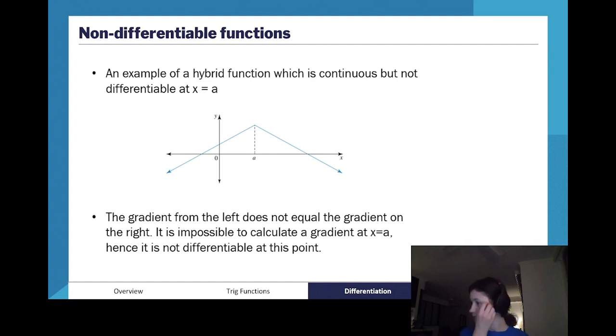We have two different functions: the linear function on the left and the linear function on the right. So the gradient from the left does not equal the gradient on the right. Our gradient here does not equal our gradient here.